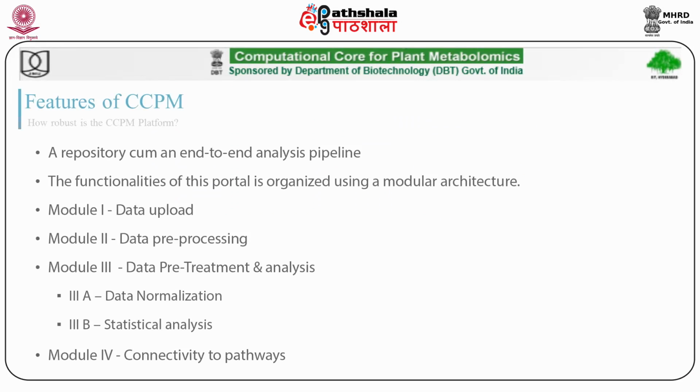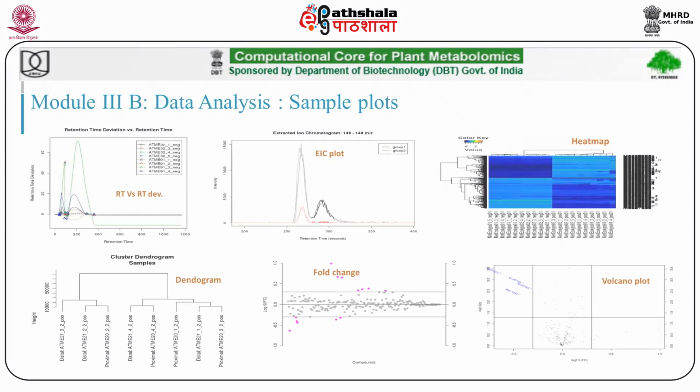It enumerates the features contained under this CCPM, and the data uploaded are from LCMS, GCMS and NMR, all three types. Then there is pre- and post-processing, and then you can find proper correlations. It also has connectivity to pathways. This shows one of the modules, called the 3B module, data analysis sample plot.